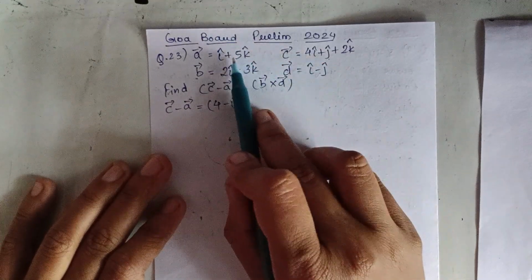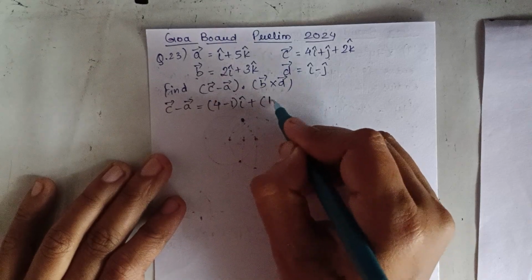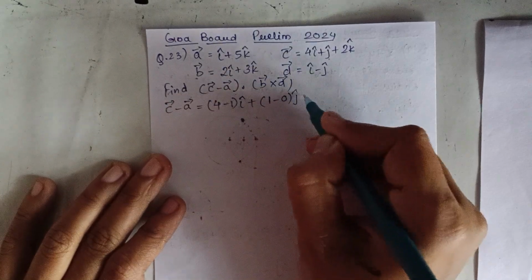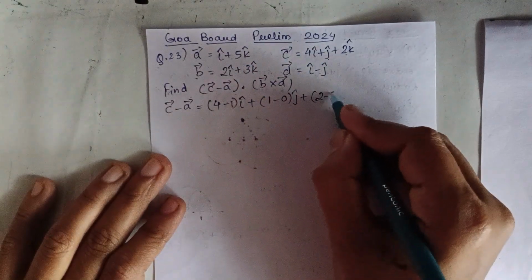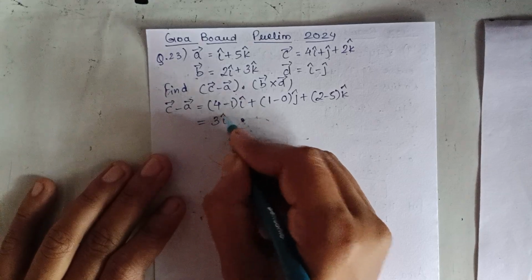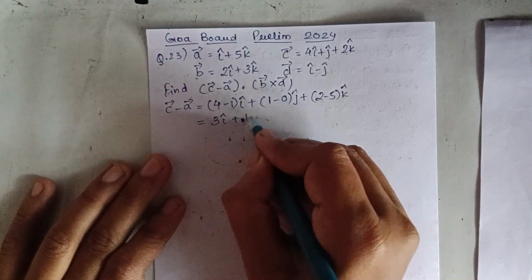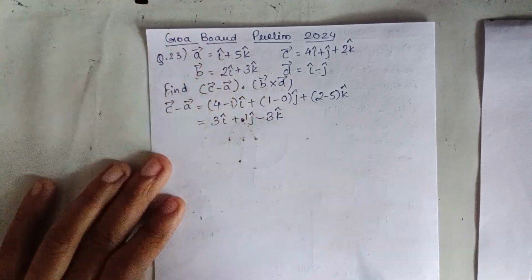Here j is there, here j is not there. So we can write 0 for this. And 2 minus 5. 3i, 1j minus 3k. Okay.